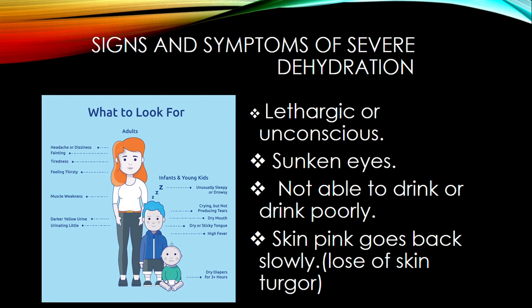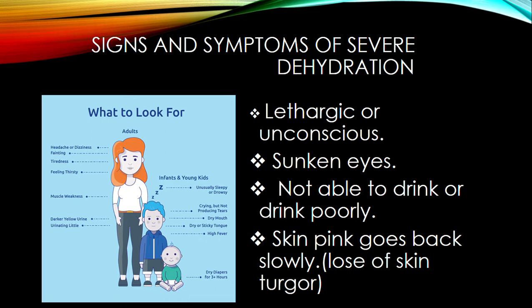Then there is loss of skin turgor. When the skin is pinched, it goes back very, very slowly. So these are the signs of severe dehydration. The child will be lethargic, they may be unconscious, and they may also be in shock, which is hypovolemic shock. Then the eyes are going to be very, very sunken.